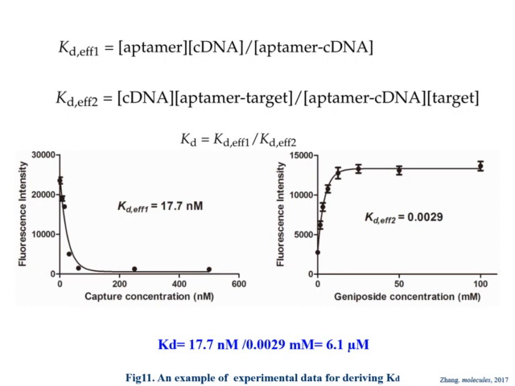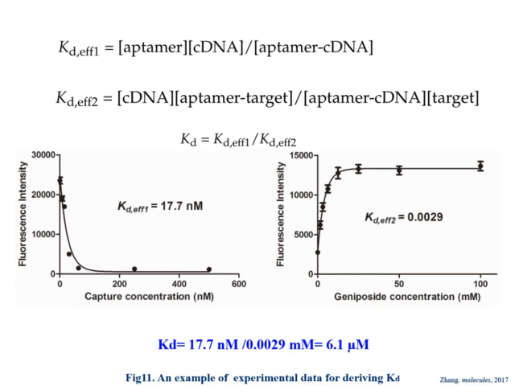To make it easier to get the main point of the KD value, here I give an example to explain. We can see that as the capture concentration increases, the fluorescence signal drops down. Here shows the KDF1.